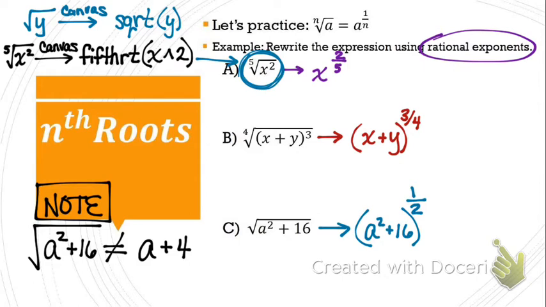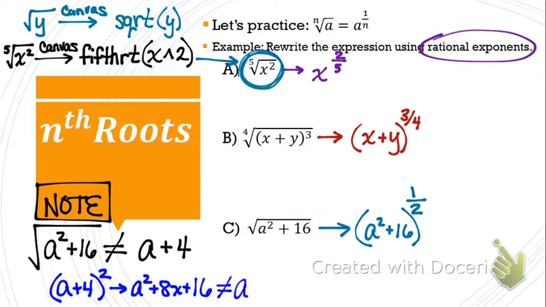So if I were to take a plus 4 and square it, what do I get? A squared plus 8a plus 16, which is not a squared plus 16. So far, so good on that one? Okay.